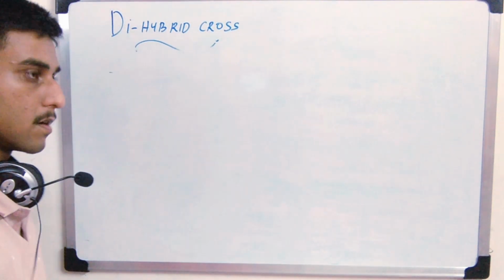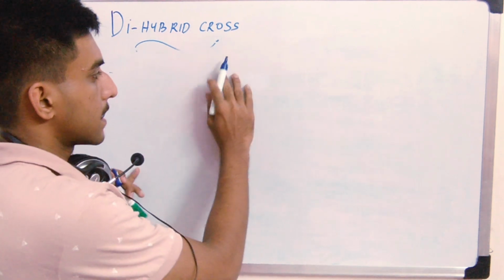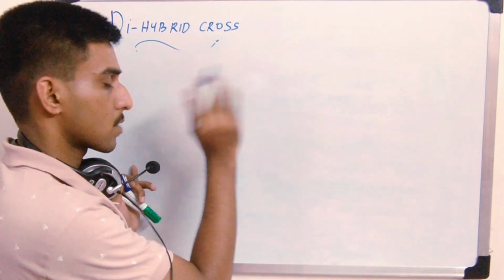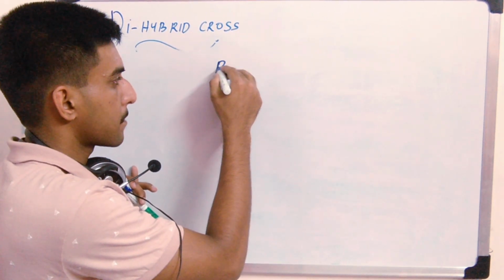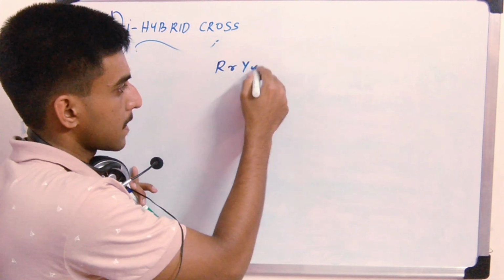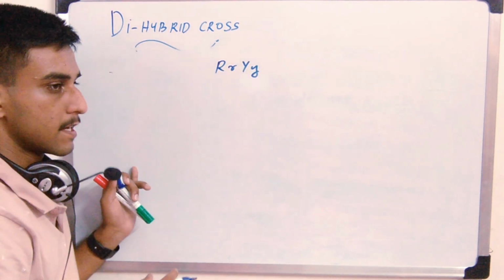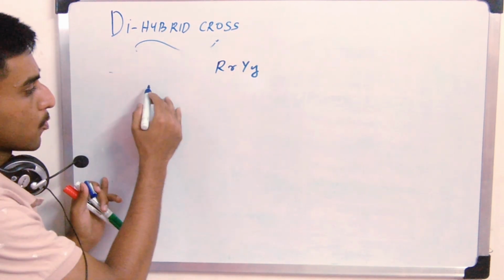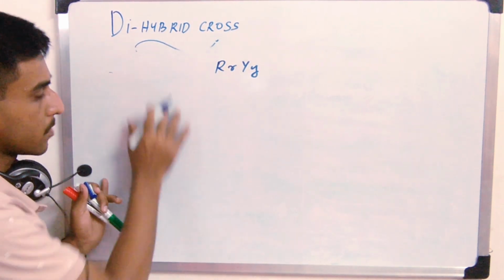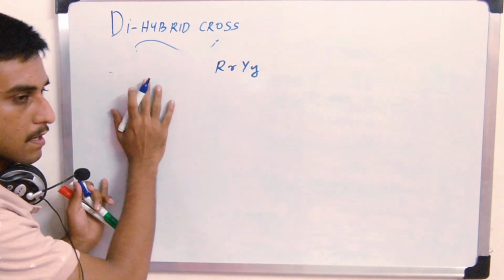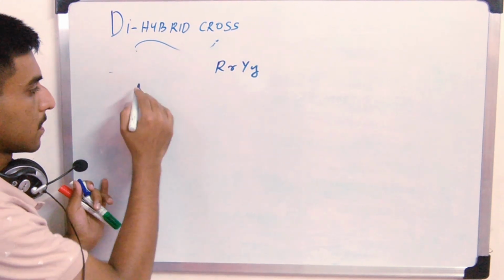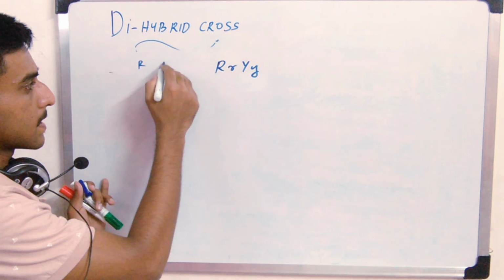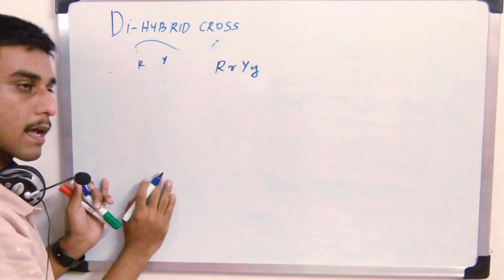Here our F1 heterozygous condition is capital R, small r, capital Y and small y. This is the F1 condition. So the shortcut is that I am going to write a series of alphabet combinations. So we know that we have two genes, R and Y.